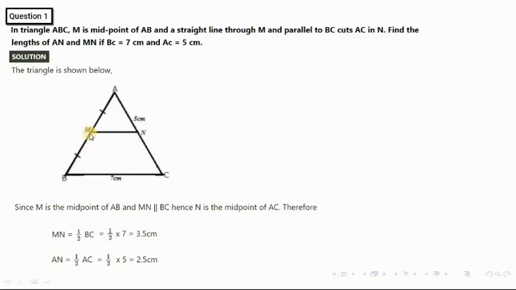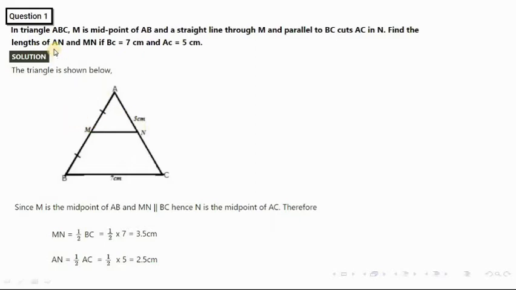So from M I have taken a straight line which is parallel to BC, and this extended line cuts this line, that is AC, in N. That means this straight line cuts AC at point N.